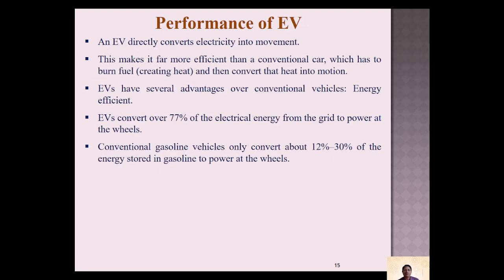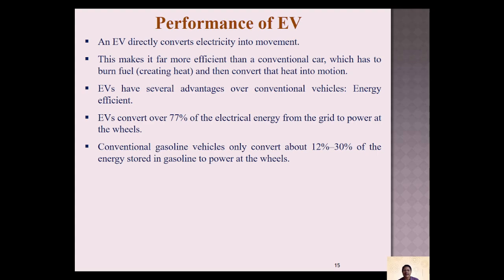The performance of an EV is directly affected by how it converts electricity into movement. How much movement it delivers, or overcomes, is the performance of the EV. It is more efficient than a conventional car, an IC engine which has to burn fuel, create heat and then convert that heat into motion.